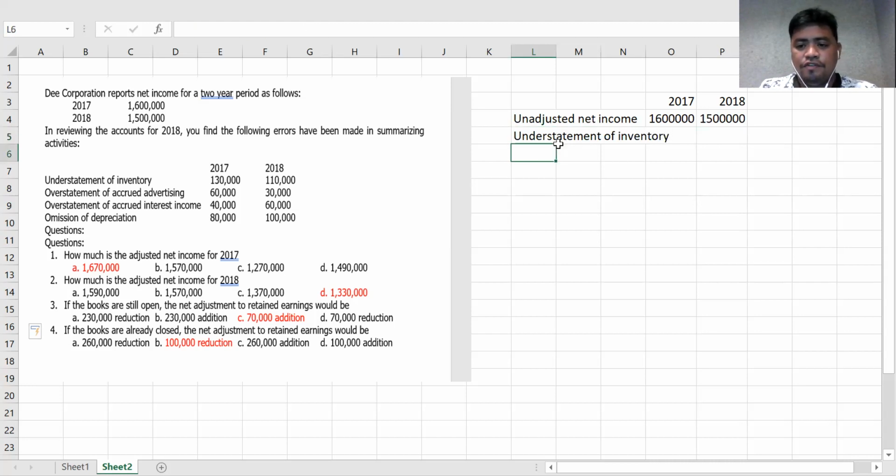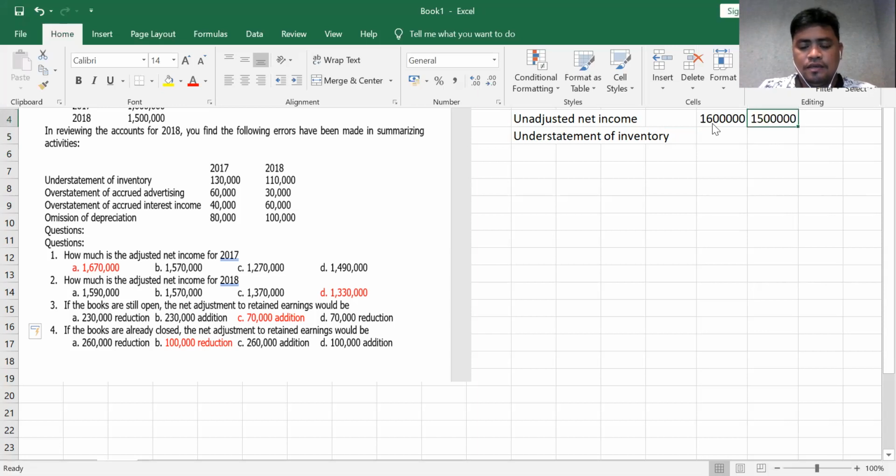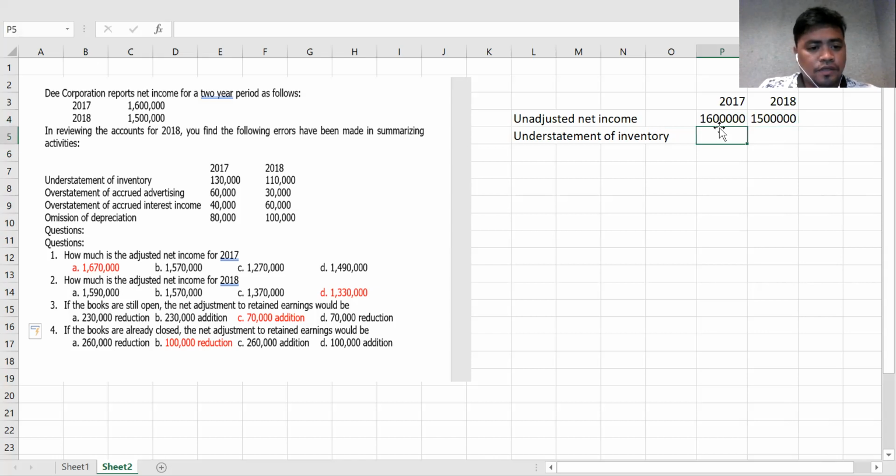So, what is the effect if your inventory is understated? If your ending inventory is understated, what is the effect on your COGS and net income?